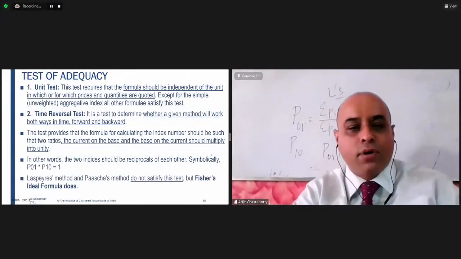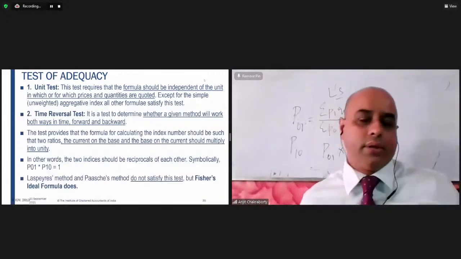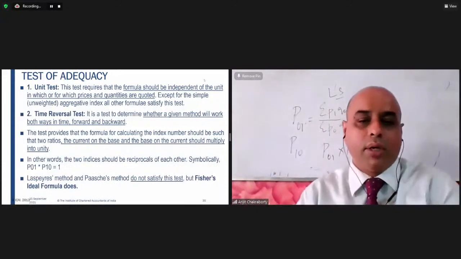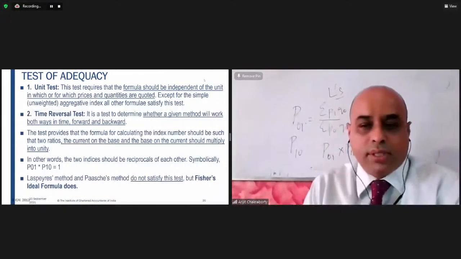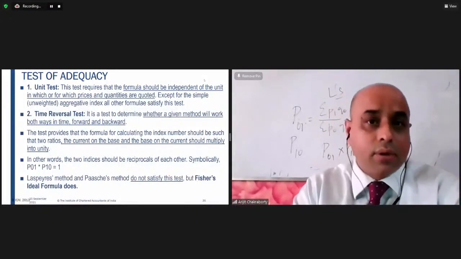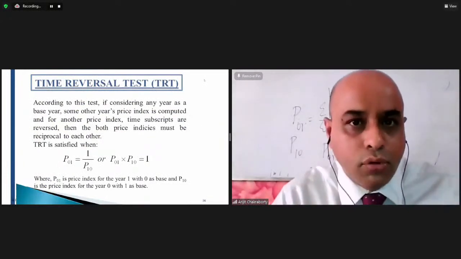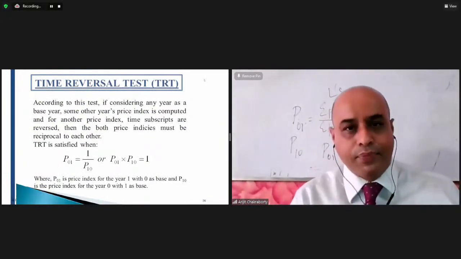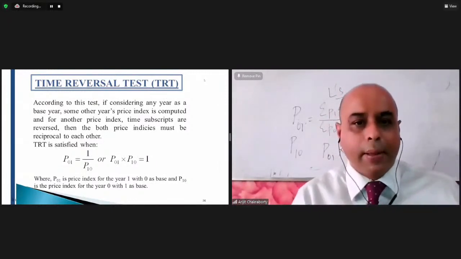If you work it out, the Laspeyres formula will not satisfy this test, and Paasche's formula also will not satisfy. The only formula which will satisfy this is Fisher's ideal formula. That is why it is called the ideal formula. So the time reversal test is P01 into P10 equal to 1. In short, we call it TRT.